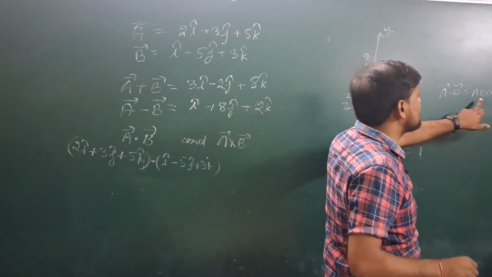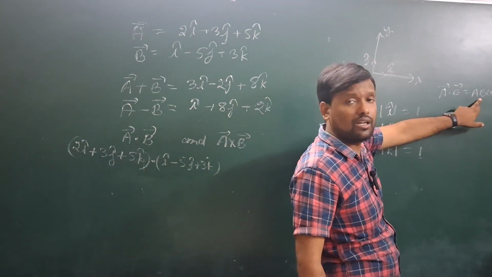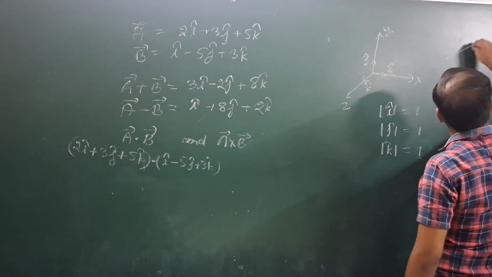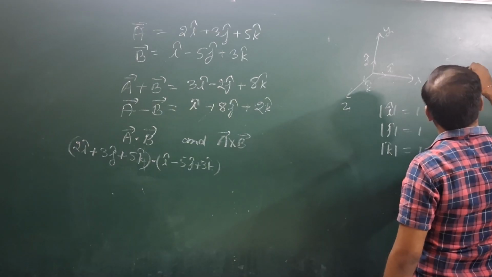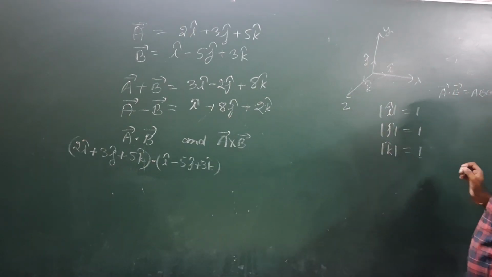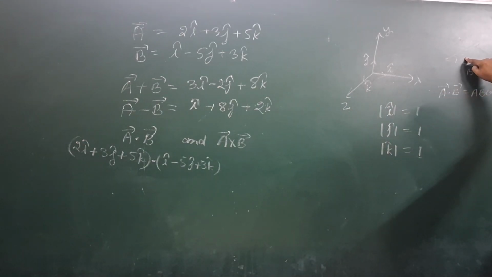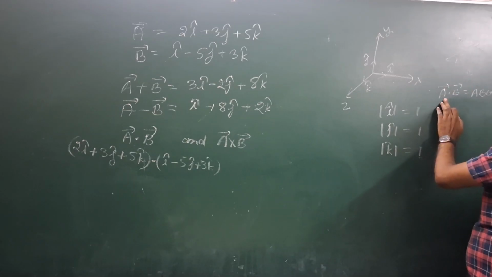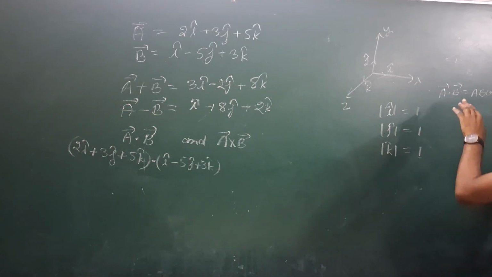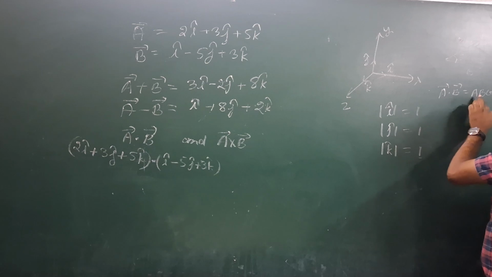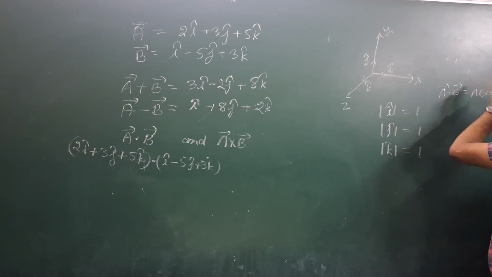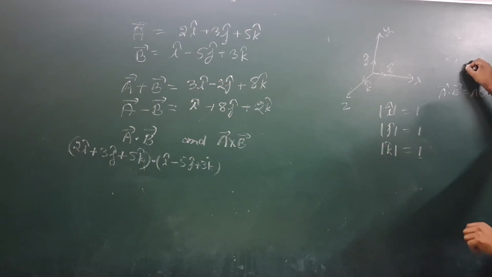A and B are the magnitudes of vector A and vector B respectively, and theta is the angle between them. Like this is vector A and this is vector B, then theta is the angle between these two vectors. The scalar product is written as A dot B equals AB cos theta.